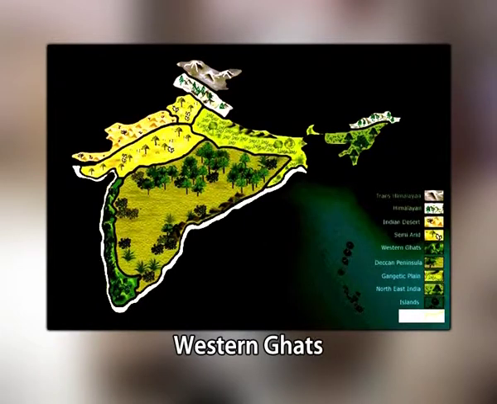Western Ghats. The Western Ghats stretch from the Tapti river in the north to Kanyakumari in the south, along the west coast of peninsular India through the states of Gujarat, Maharashtra, Goa, Karnataka, Tamil Nadu and Kerala.